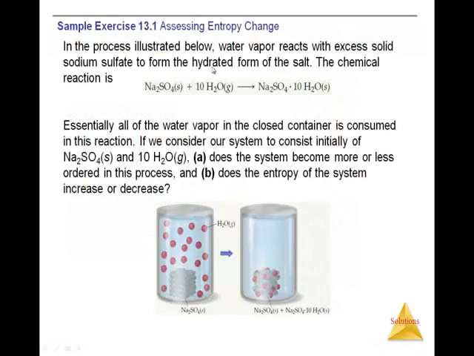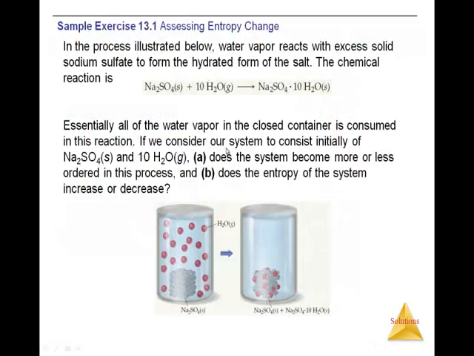In this process illustrated below, water vapor reacts with excess solid sodium sulfate, the ionic crystal here, to form the hydrated salt, sodium sulfate decahydrate. Essentially, all of the water vapor becomes enclosed in the ionic crystal.